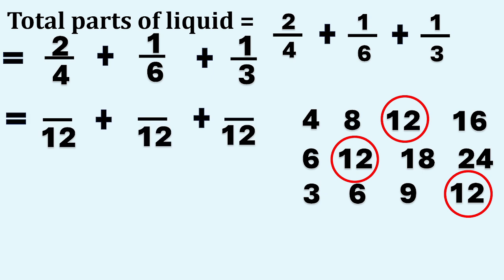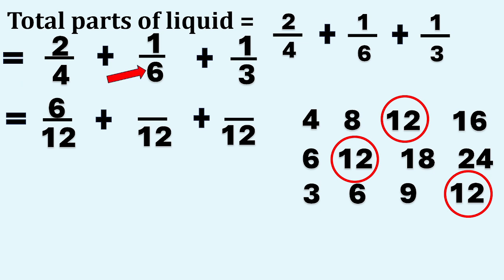Next step, divide the LCD by denominator 4. So 12 divided by 4 equals 3. Then multiply the answer by numerator 2. So 3 times 2 equals 6. Next fraction, divide the LCD by denominator 6.